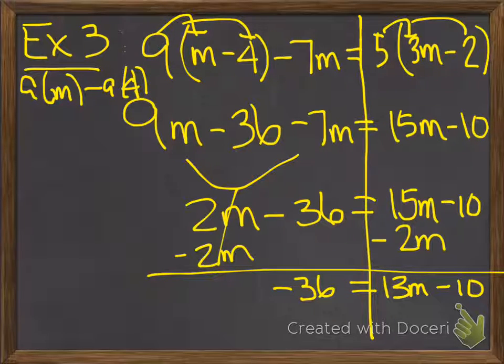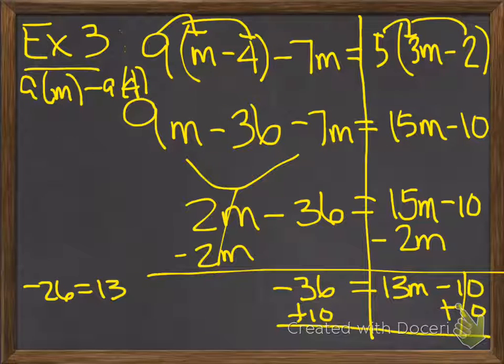You add 10 to both sides. Yes, you do. So Ned, what do you get? You get negative 26 equals 13m. Wyatt, almost done. What's our last step, Mr. Eldridge? Correct.